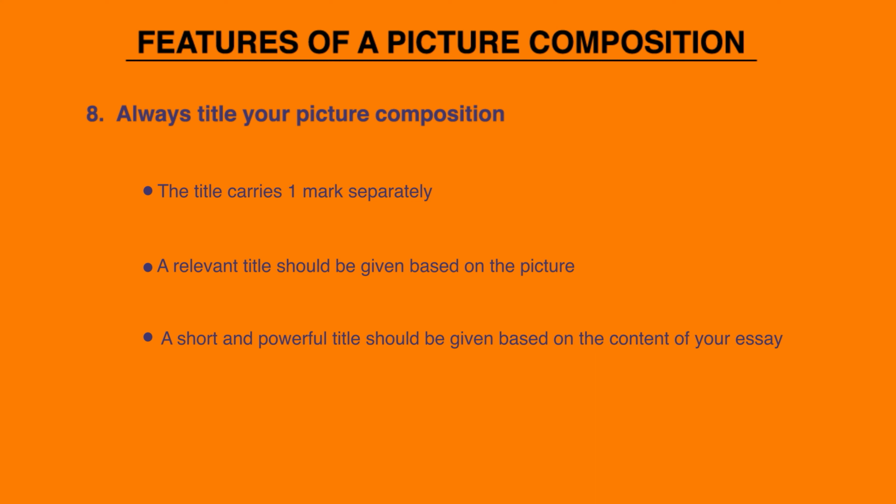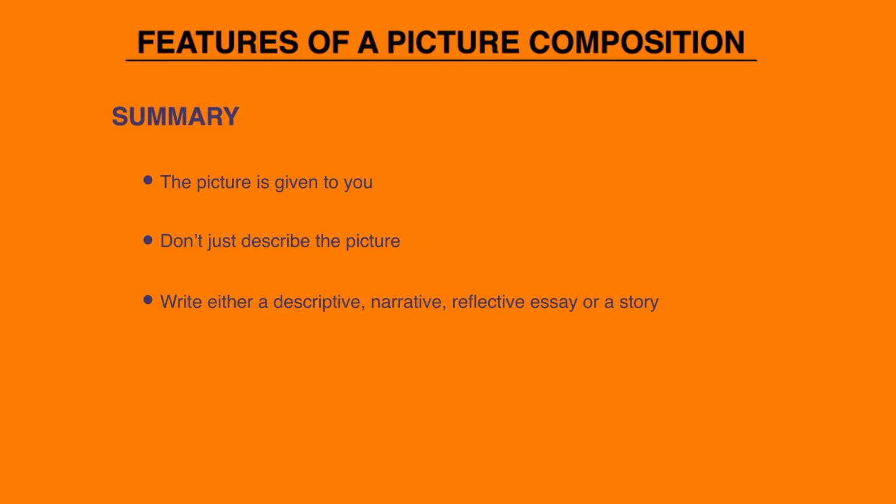So let me just go over the rules once again. In a picture composition, the picture is given to you, but you are not supposed to just describe the picture. You have to write either a descriptive, a narrative, a reflective essay, or a story on the picture that has been given to you. So depending on what kind of essay you are choosing to write out of the picture given to you, follow the rules of that particular essay.